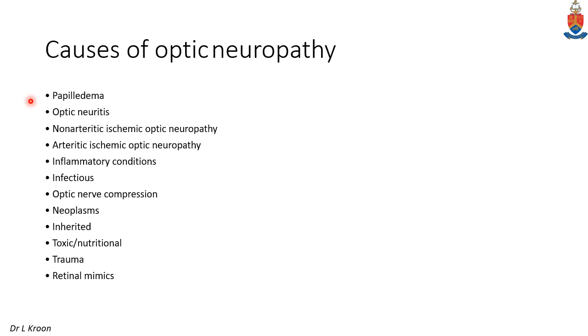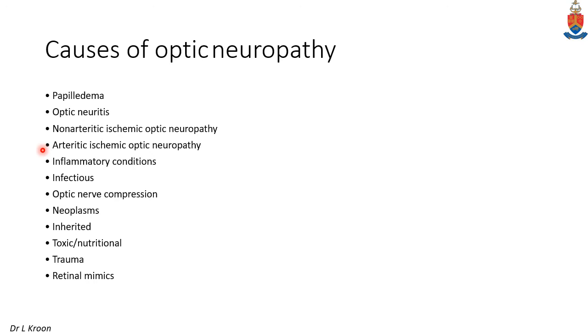So what are the causes of an optic neuropathy? Well, papilledema is an optic disc swelling due to elevation of intracranial pressure and can cause optic nerve abnormalities. Optic neuritis is an inflammatory condition of the optic nerves. Nonarteritic ischemic optic neuropathy is a vasculopathic disorder. Arteritic ischemic optic neuropathy is due to giant cell arteritis.